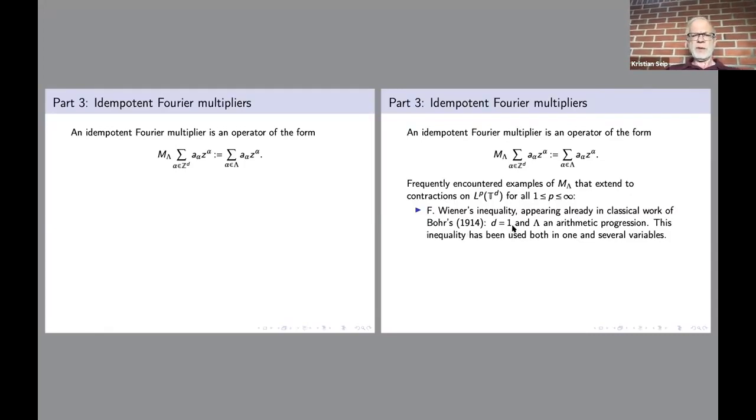So what is the inequality? Well, we are in dimension 1, and if lambda is an arithmetic progression, then in fact we have contractivity for all P. This was proved and used by Bohr. It's a simple trick to prove, and it has been used several times by others.